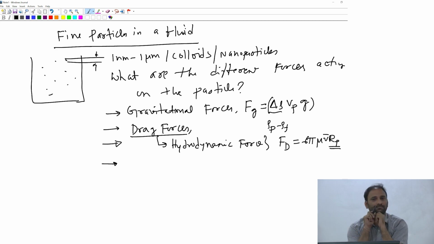Any other force? So there's gravity, there's drag force. Any other force that you think is important? Friction. Friction and drag are the same, no? People also call this frictional forces.